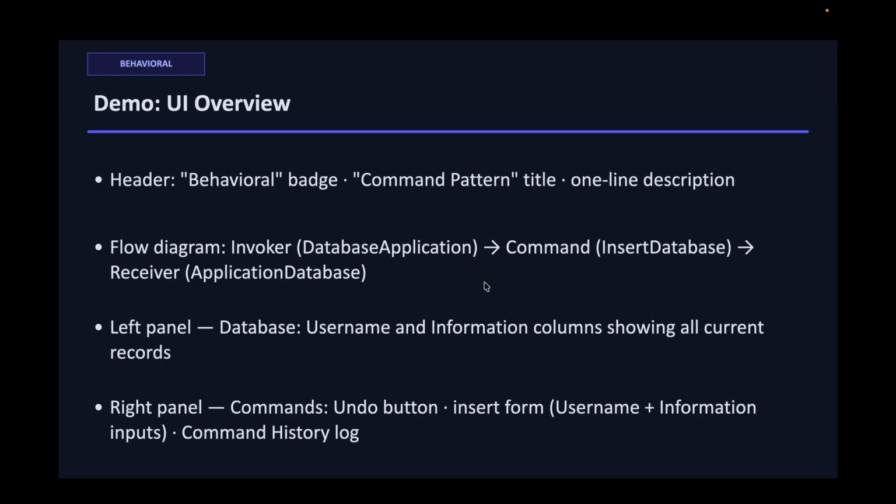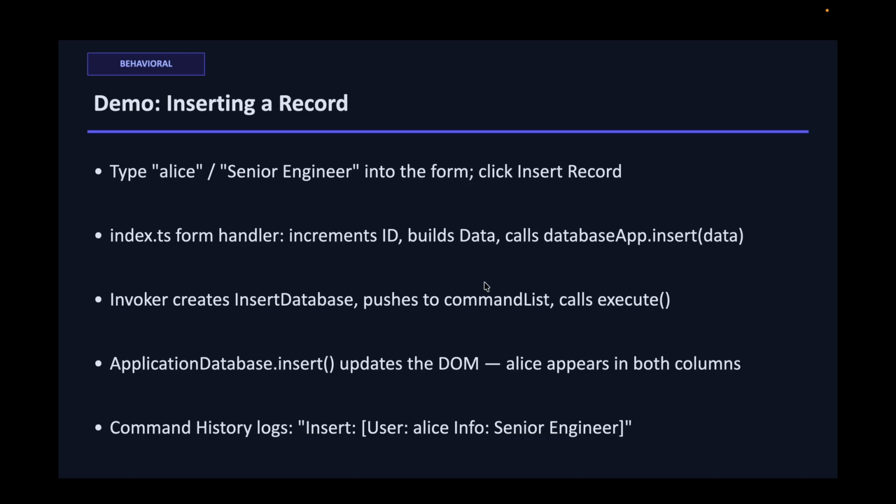This is more, again, an overview of the demo that we just did. So if we're looking at this flow, inserting a record, once we typed some record into the form, when we insert it, we have the form handler. It increments an ID, it builds the data, it calls the database app insert.